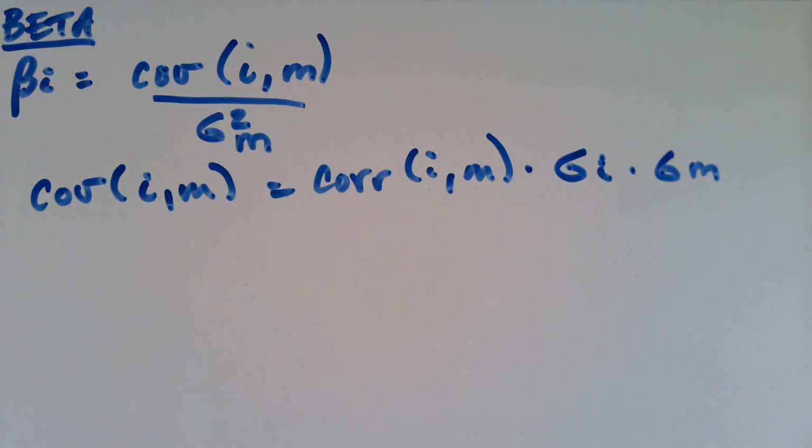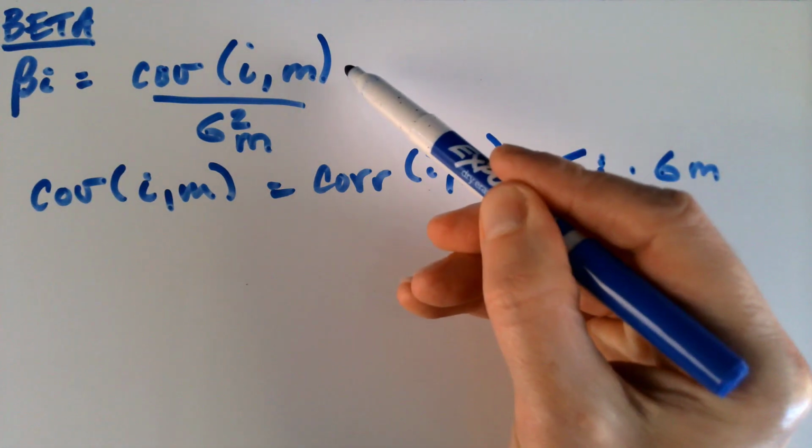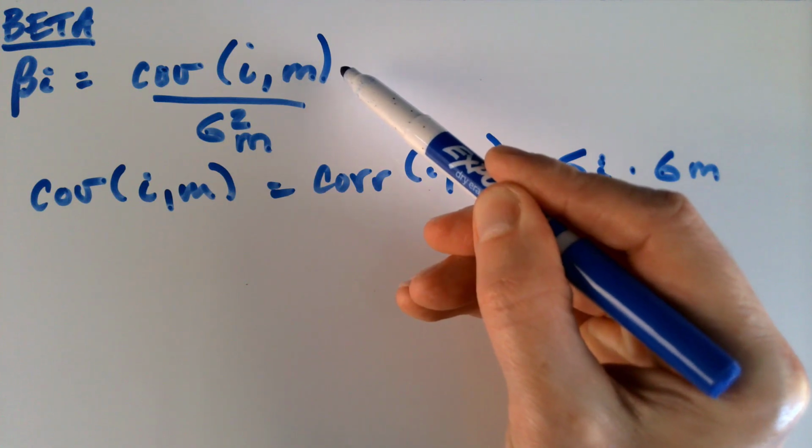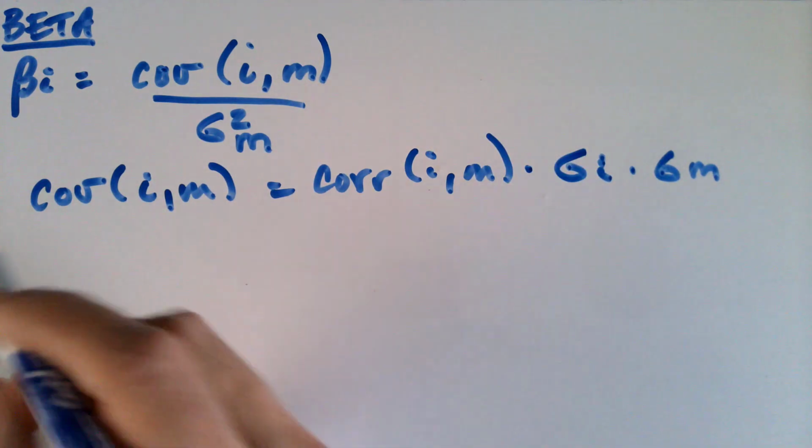If you recall, we have this formula. Basically, I have just rearranged the formula for correlation to solve for covariance. And why am I doing that? Because I'm going to substitute in here for covariance. And once I do that, I have as follows.